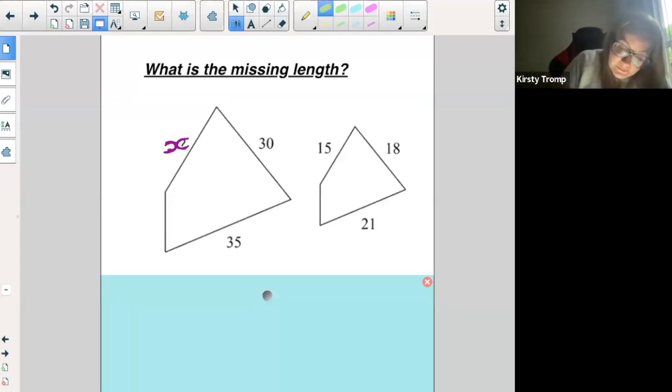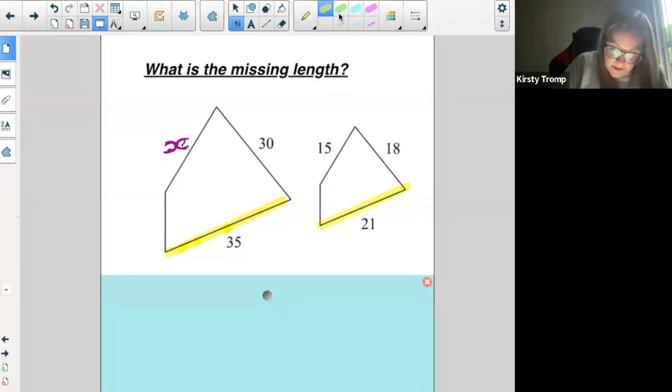So here is my X. If I'm looking at my drawing, I don't want to start with my X. I want to start at the bottom of my drawing. So I'm going to match up my sides. Here's the bottom, and there's the bottom.